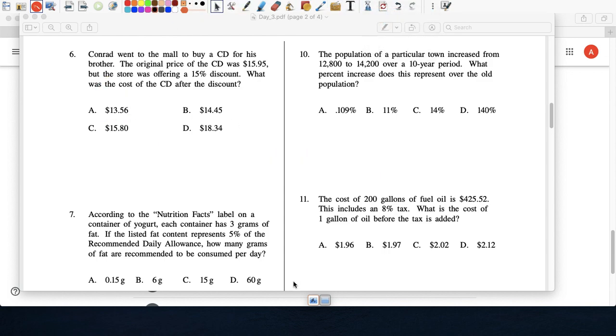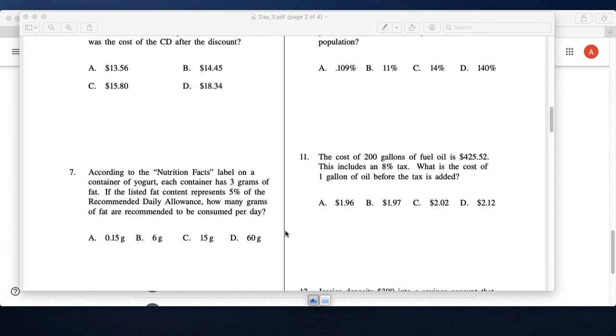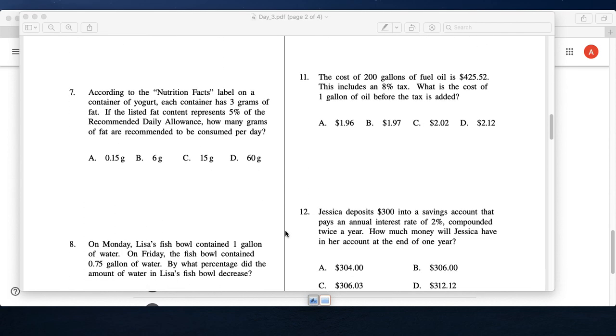7. According to the nutrition facts, what the heck? Yogurt, each container has 3 grams of fat. The listed fat content represents 5% of the recommended daily allowance. How many grams of fat are recommended to be consumed per day? Let's see if I understand the question first of all. Each container has 3 grams of fat, okay?